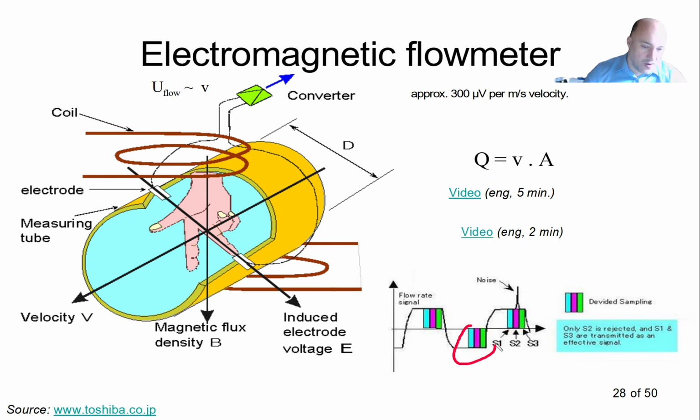Then in this section, we measure again, and the voltage signal that we get from the flow will be a function of the flow rate, and from that voltage we can calculate the flow rate and eliminate external magnetic fields.